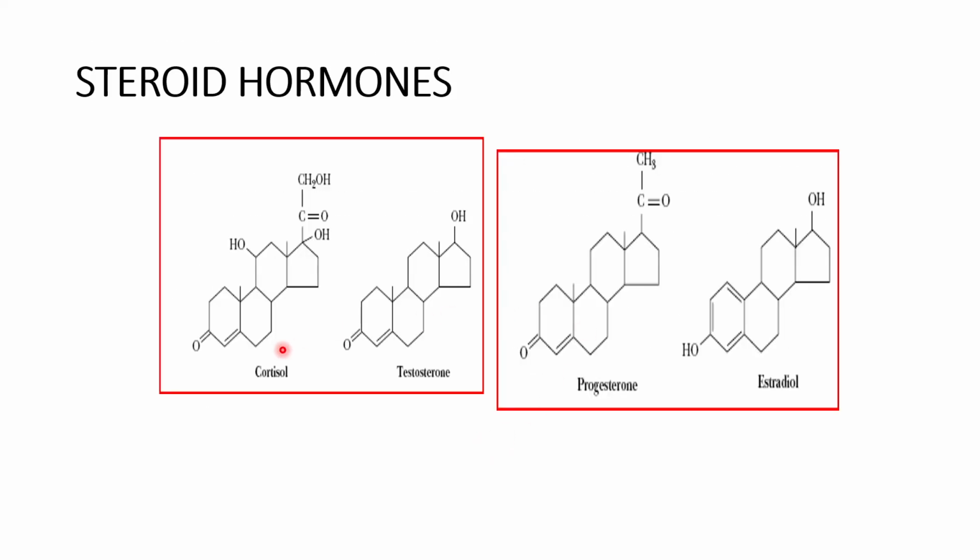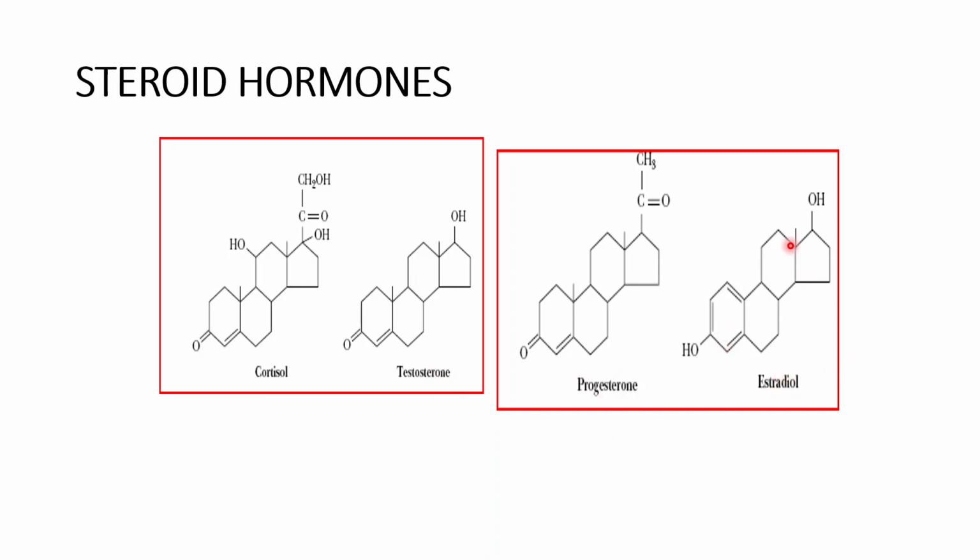So now these are the structures. If you see this steroid nucleus remains same, and there is a little bit difference that over here oxy group is there. Then instead of 5th 6th position, here double bond is coming. Then over here is the hydroxyl group. So cortisol, in this way you can make different hormones like cortisol, testosterone, progesterone, estradiol.